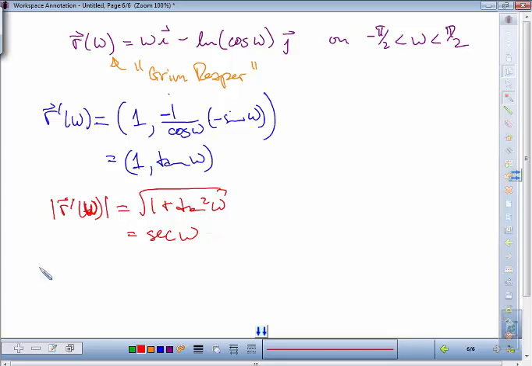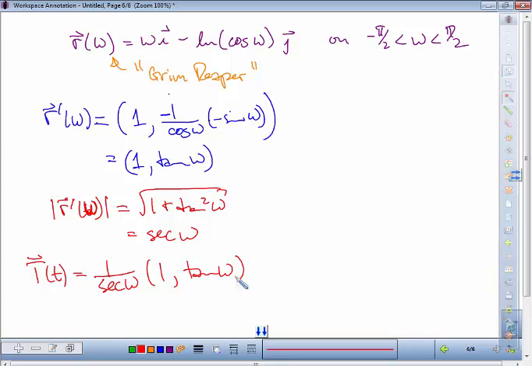So that means your unit tangent vector is 1 over secant of w times the vector 1, tangent of w. Can we simplify this? What's 1 over secant?